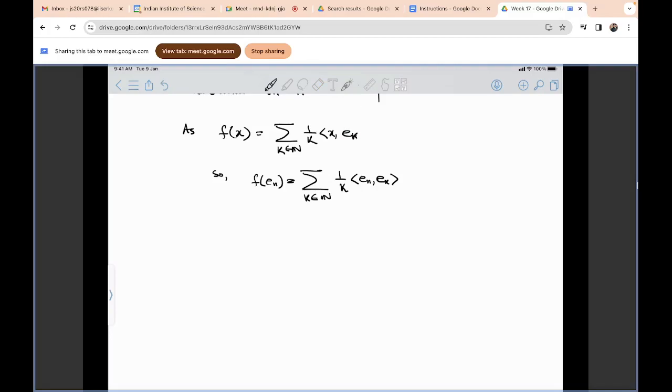I am writing k just as the dummy index, and as the e_k are an orthonormal basis, this will be 1.